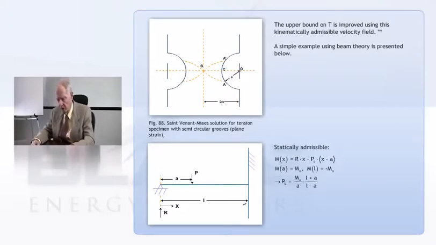So I've got, in effect, two spans here. One of them's length is A and one is L minus A, and wherever there's going to be some moment that's going to cause failure, it's got to occur at the built-in end, at the load, or at the end.